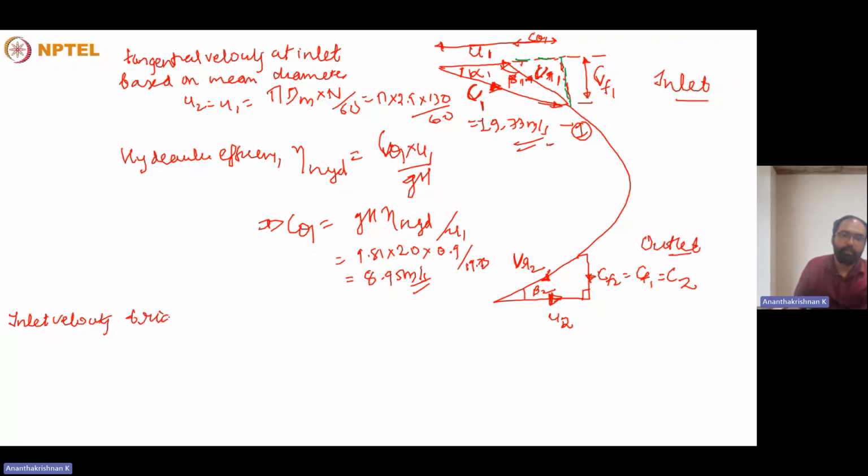From the inlet velocity triangle, if you take the tan of beta, you could write it to be beta dash. Beta dash is equal to 180 minus beta.